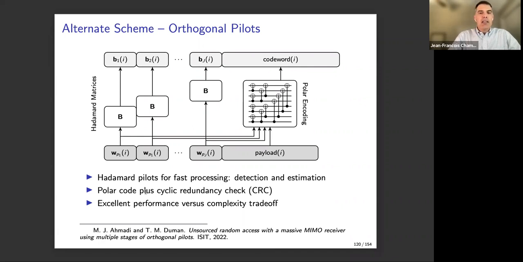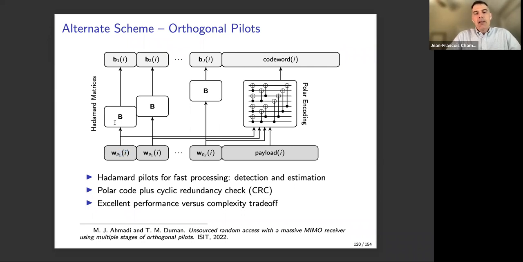And so what they do is, instead of having one preamble, they divide their preamble into small snippets. So WP1 is the information bit in preamble 1, and then the second one is WP2, and then WPJ. So you have J sections of preamble.